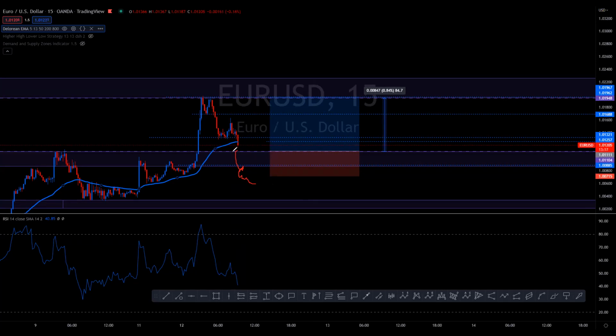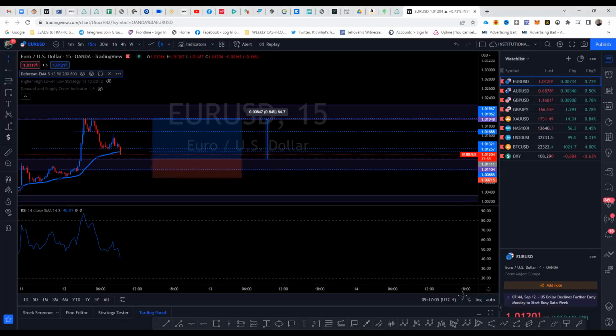So I want to see if it's going to respect this demand zone and do that final swing and then go up. That's what I want to see. But if it doesn't, and it appears that we're wrong and price is officially bearish, then we'll just try to catch the next move and adjust. So let me go ahead and set my alerts, and then we'll move forward.